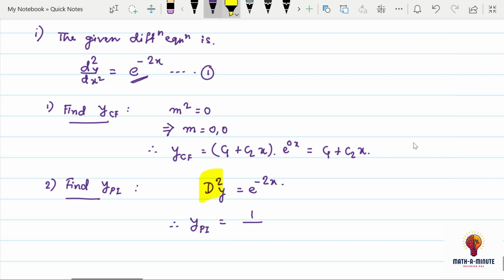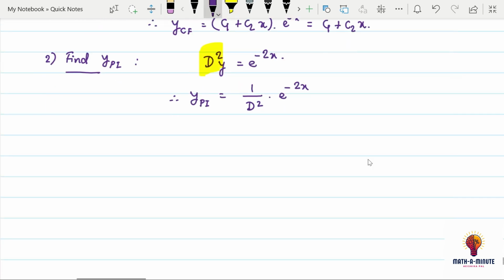So y PI will be 1 by D square into e to the power minus 2x. Now if we replace D by minus 2, it will be a non-zero value, so we can directly put the value: minus 2 whole square, e to the power minus 2x. So our particular integral will be e to the power minus 2x divided by 4.